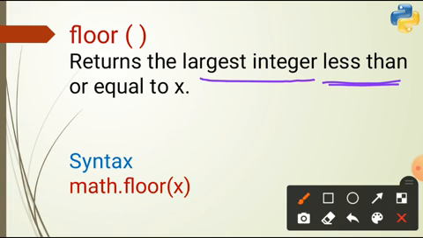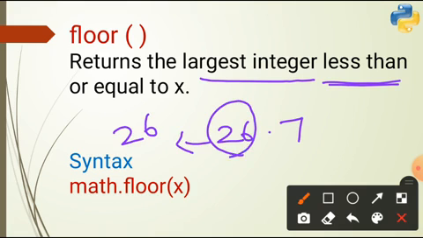It returns the integer, but that integer should be less than, which means suppose we are giving 26.7, the largest integer, but it should be less than 26.7. So the largest integer less than 26.7 is 26, or equal to x, which means equal to this variable. So what is meant by floor means the value should be less than.